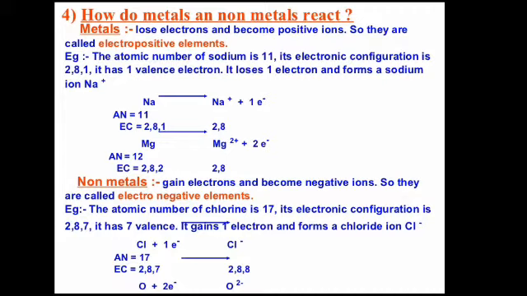So this tends to make chlorine attract 1 electron from sodium to form the chloride ion. Chlorine takes 1 electron to form Cl-, the chloride ion. Similarly, oxygen takes 2 electrons to form the O2- ion.